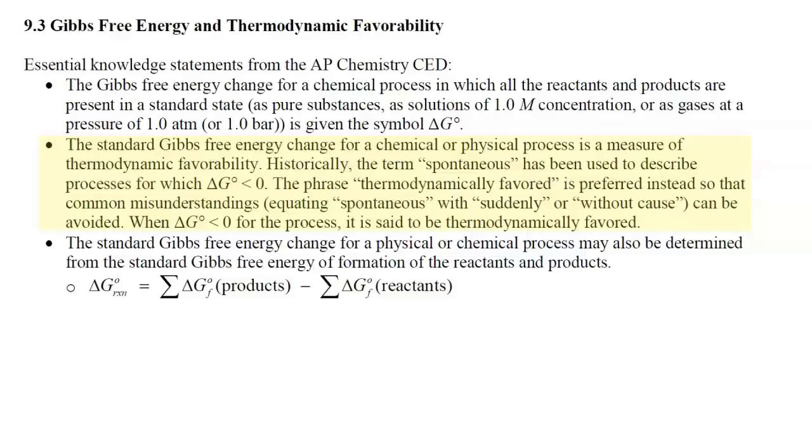favored. The standard Gibbs free energy change for a physical or chemical process may also be determined from the standard Gibbs free energy of formation of the reactants and products using the equation: the standard Gibbs free energy change is equal to the sum of the Gibbs free energy of formation for the products minus the sum of the Gibbs free energy of formation for the reactants.